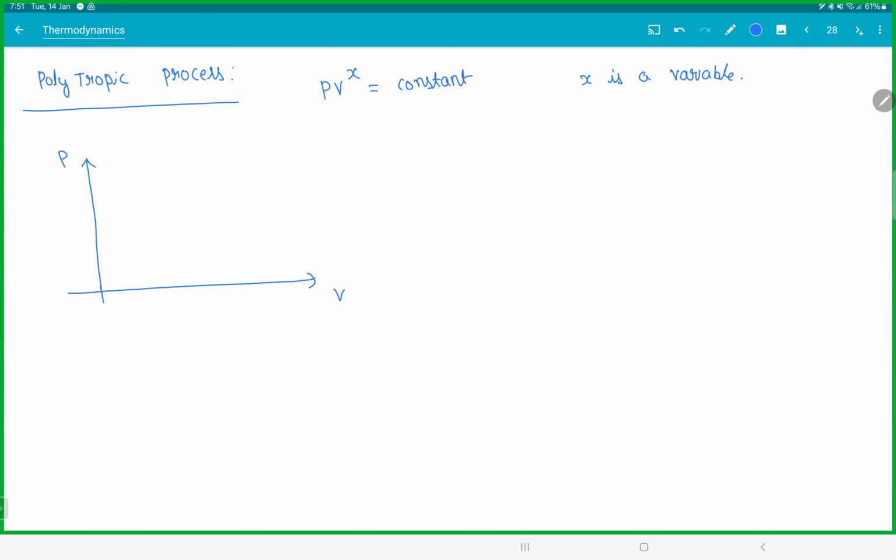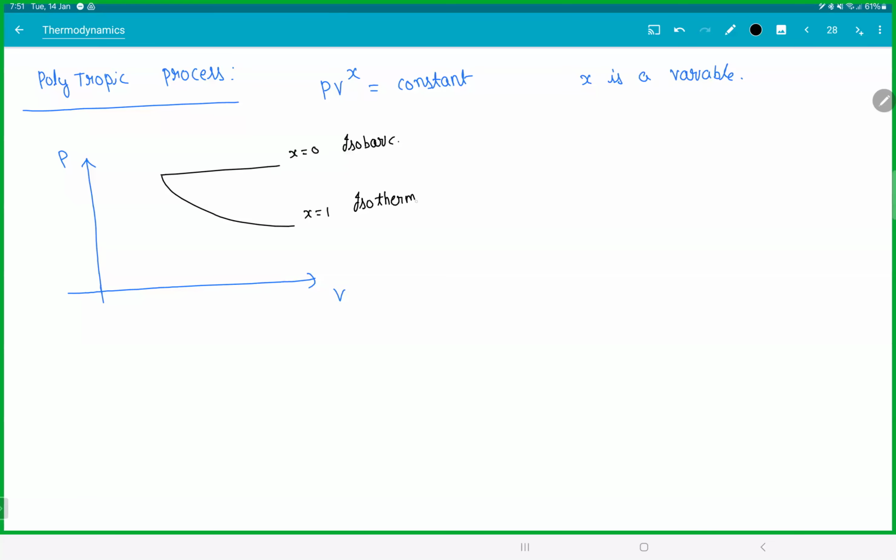So in this process, if x is 0, what do I get? In PV^x constant, if x is 0, what do I get? P is constant, na? So if you put x equal to 0, I get isobaric. If you put x equal to 1, PV is constant. I get isothermal.